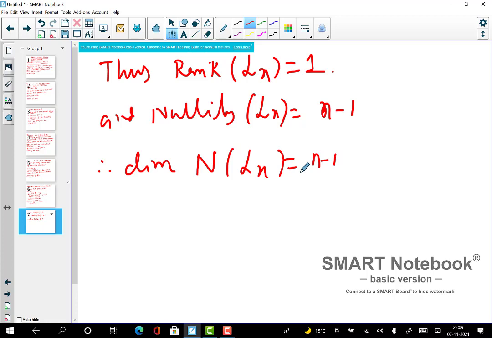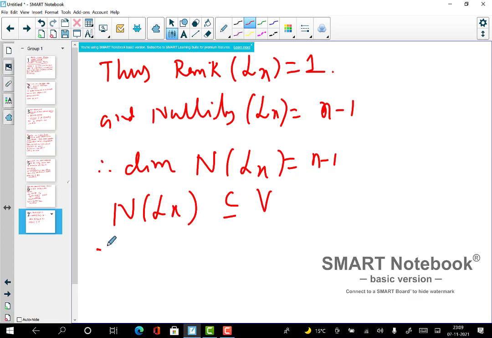Okay, but the null space is actually a subspace, right? So the null space of Lx is a proper subset of V, and V has dimension n, while this has dimension n minus 1. So the null space having dimension n minus 1 means what? You can use the induction hypothesis.